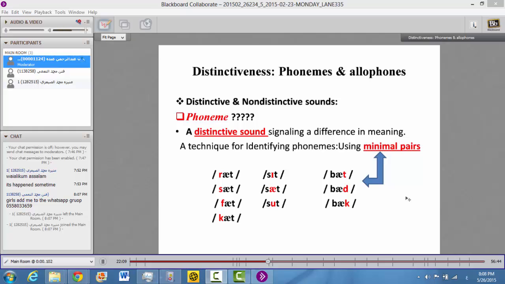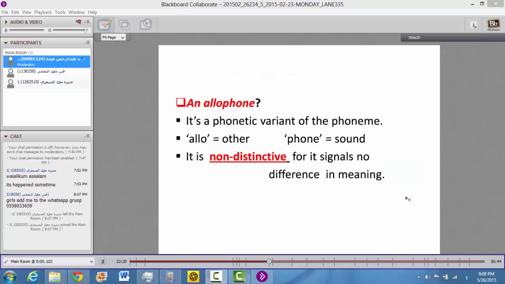These indicate that the sounds t, d, and k in English are phonemes, as long as they lead to a distinction in meaning. What's an allophone? Allo means other, phone means sound, so it means other sounds. But these sounds belong to one phoneme.